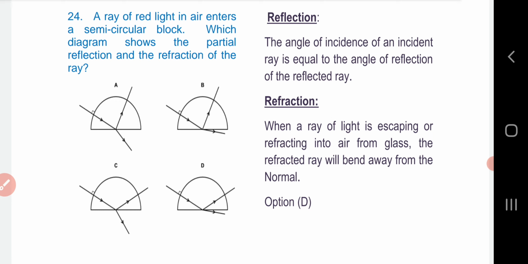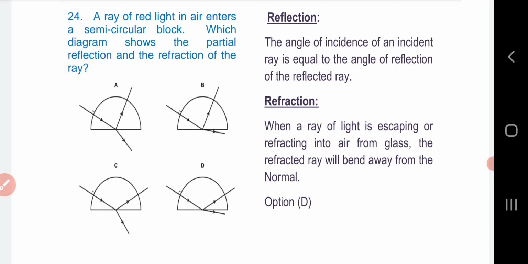Whereas in refraction, when a ray of light is escaping or refracting from one medium to another medium, and in this case it is escaping from glass into air, then the refracted ray will bend away from the normal.